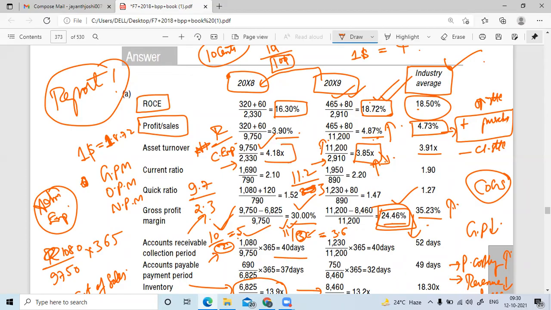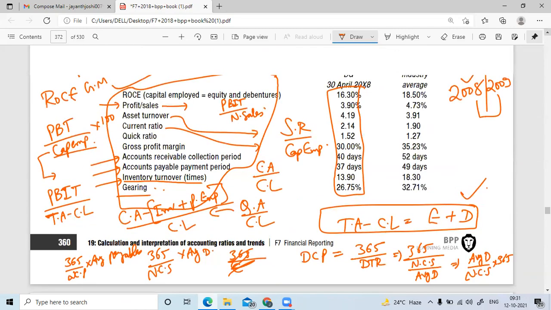So that is the reason why the asset turnover has declined. So the company should try their level best to improve efficiency or try to use their capital more efficiently to generate high revenues.